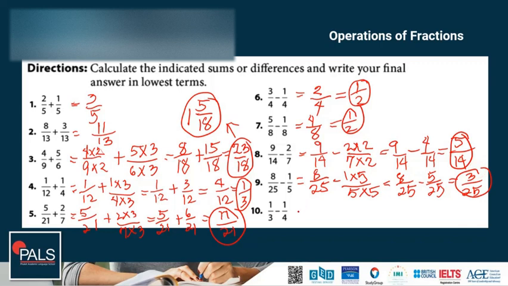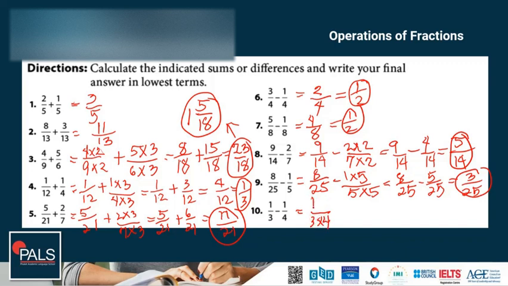Okay, number 10. 1/3 minus 1/4. Okay, the denominators are different. So here, since 3 and 4 are both small numbers, we can just multiply 3 times 4. So we have 3 times 4.